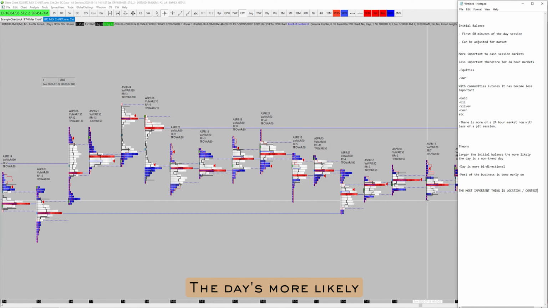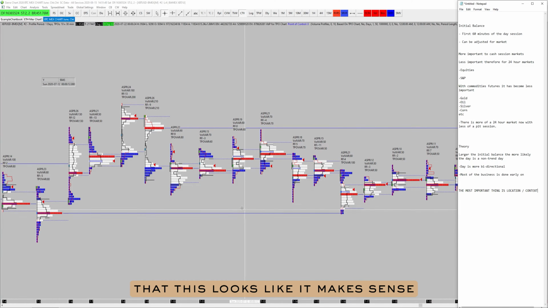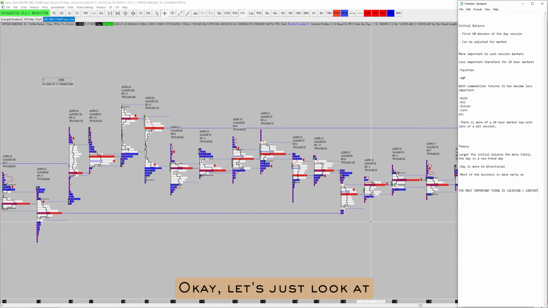Okay, the day is more likely to have directional conviction. Again, I don't think that this holds true for crypto. I think it's more a matter of happenstance and randomness that this looks like it makes sense in crypto. And again, I have to say the most important thing is location and context.